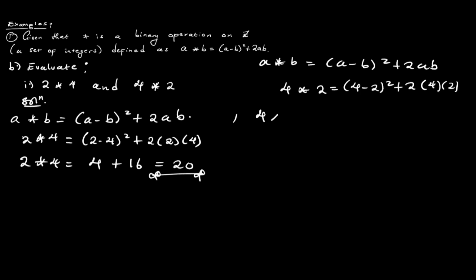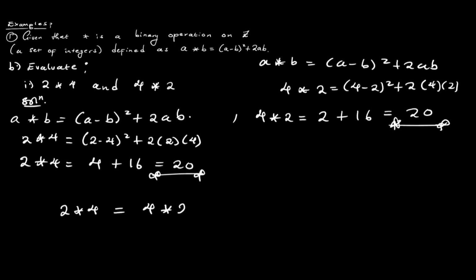Therefore, 4 star 2 is equal to, if we compute this, 2 plus 16. This will also give us 20. So now, you see 2 star 4 is the same as 4 star 2.